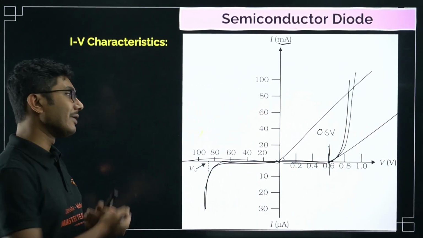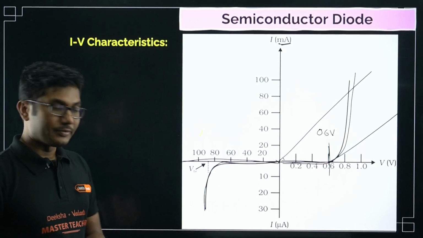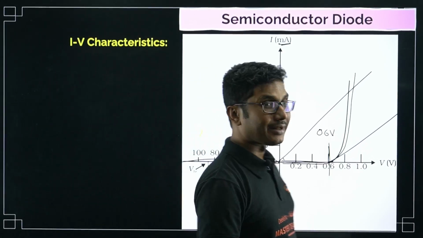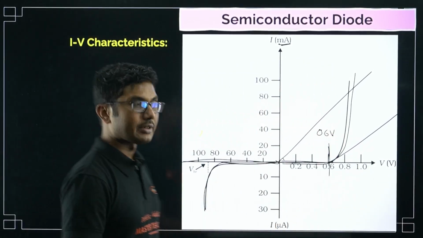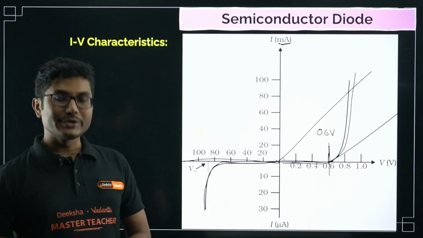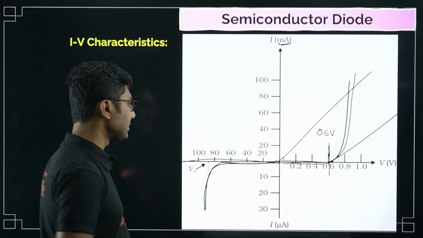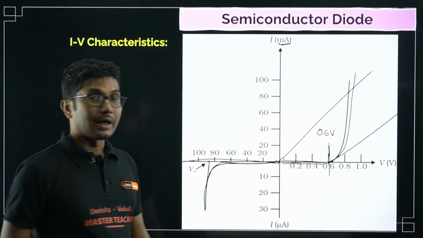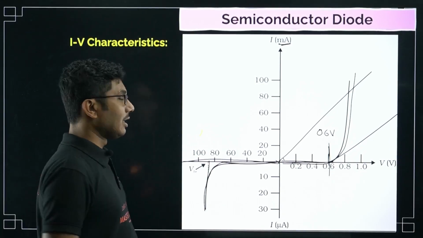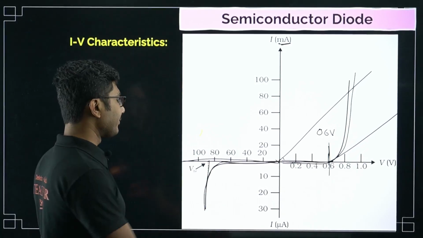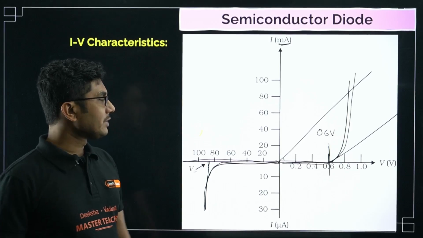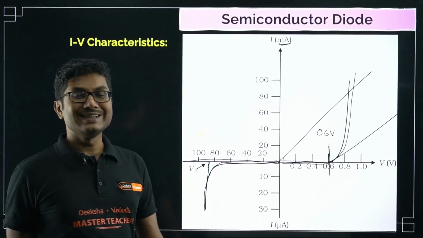There are different mechanisms for that. Zener breakdown is one of the famous ones, but that is not in our syllabus anymore. Breakdown can also be utilized to our advantage, but anyway, breakdown is basically when the diode is reverse biased.